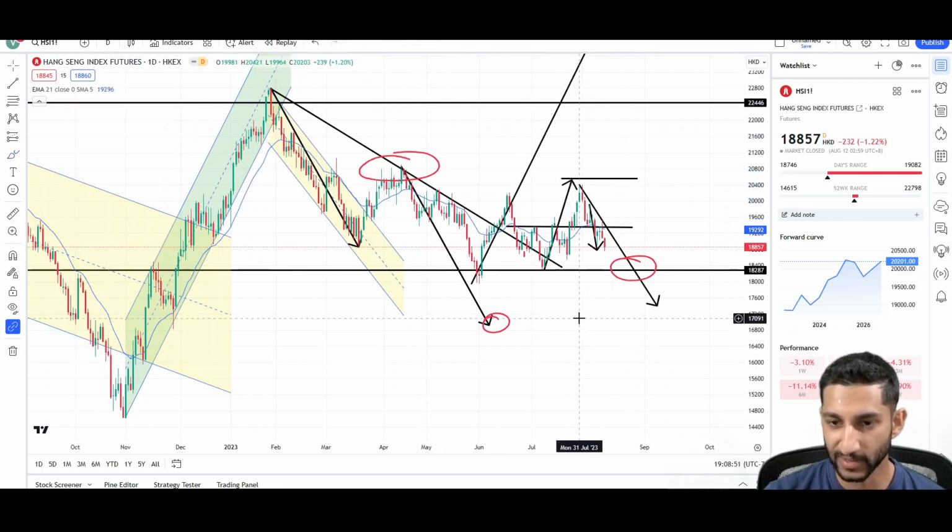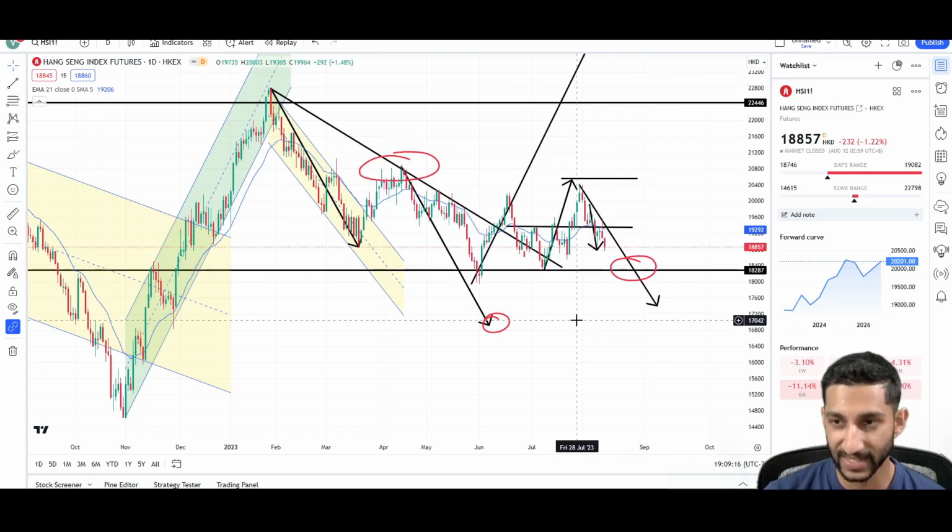So that's why there's a good chance we could probably see a breakdown of this 18,250 level. We'll see if it will act as support or not, but there's a chance that it can be broken, especially because we cannot go up any higher, and we're starting to find resistance from the 19,300 level. So we're back below the EMA also, and like I said before, the measure move targets are lower and they have not been obtained.